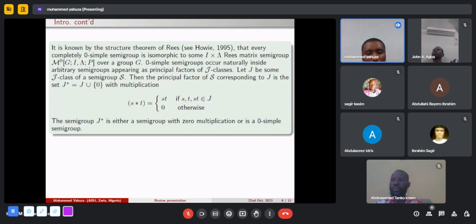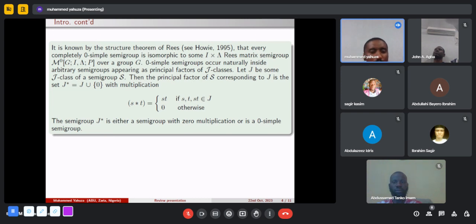So here what we are saying is that we can have a zero simple semigroup in a natural way. That is, if you just take a J class and adjoin 0 to it, then it becomes a zero simple semigroup. If you take the product of two elements and the product is inside the J class, then you have it there.